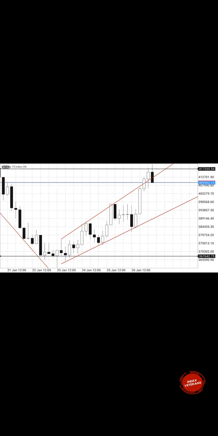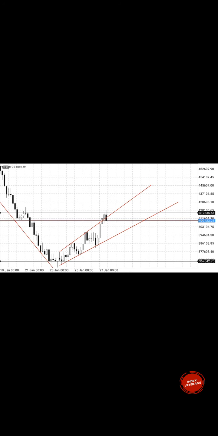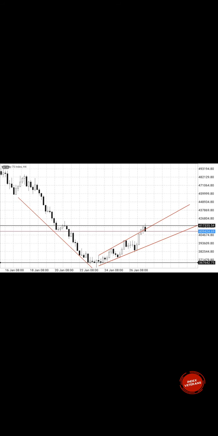You can use the equidistance and everything, but as you can see here, we are kind of in an uptrend, and also we're in the mid.